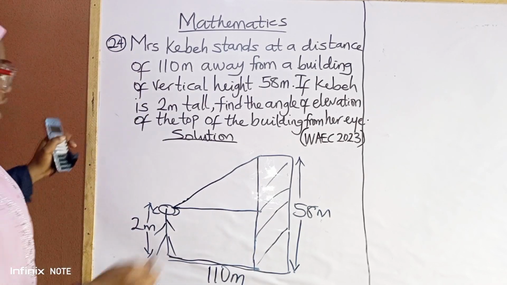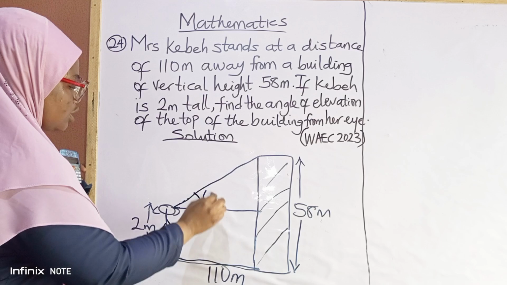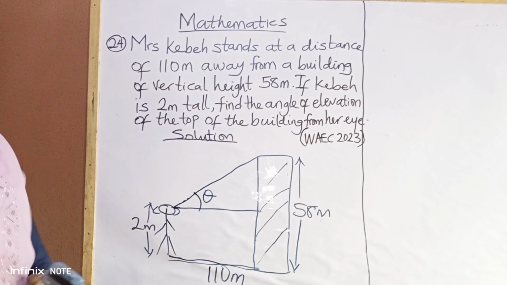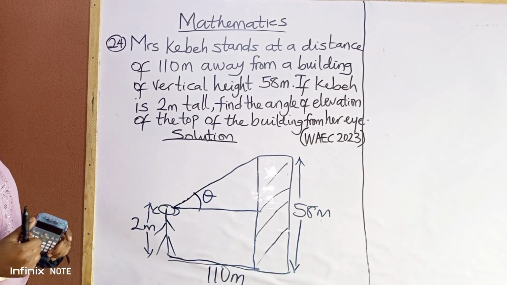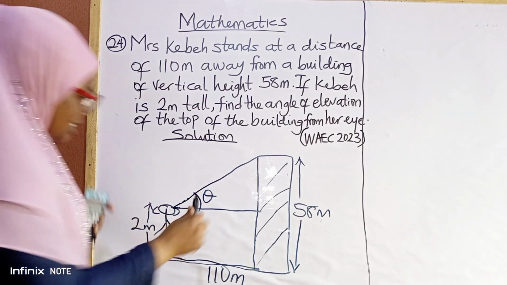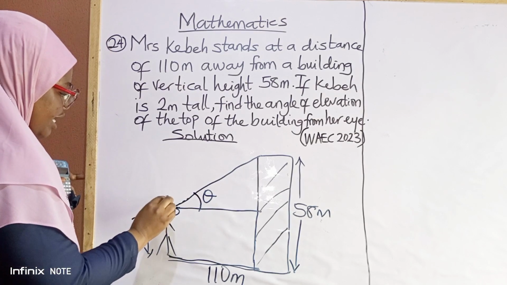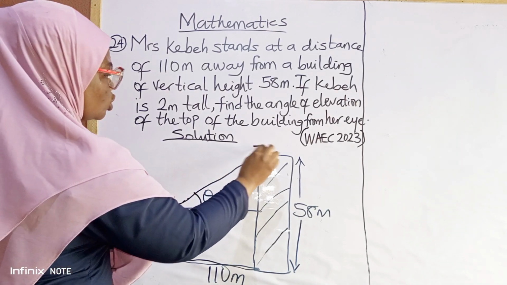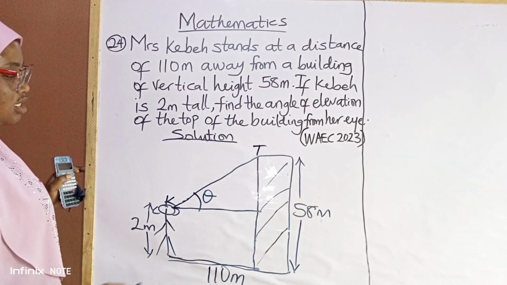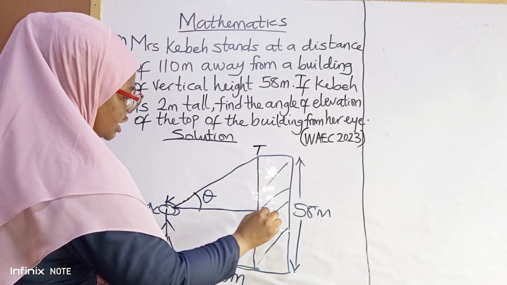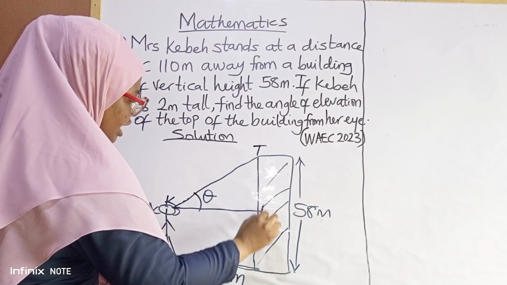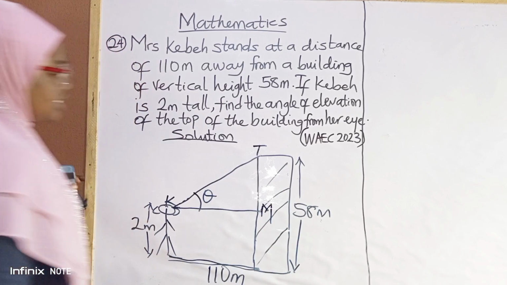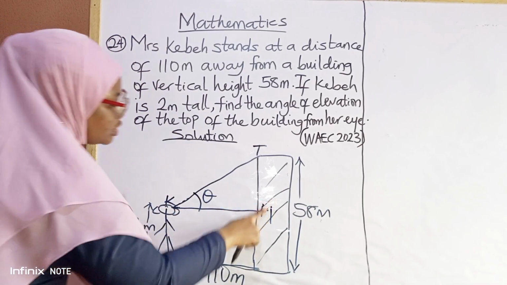Now, this angle, let's call it angle theta. That is the angle of elevation that we are asked to find. So let's call this one K, standing for Kebe, and let's call this one T for the top of the building. So here, let's call it B to stand for the building.